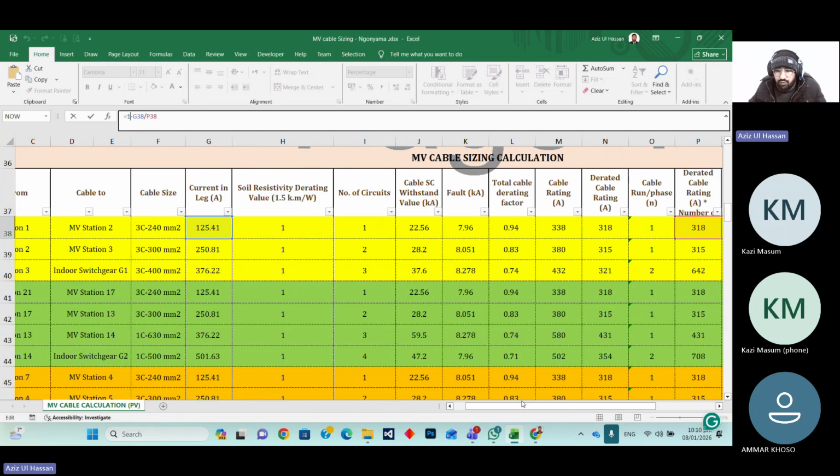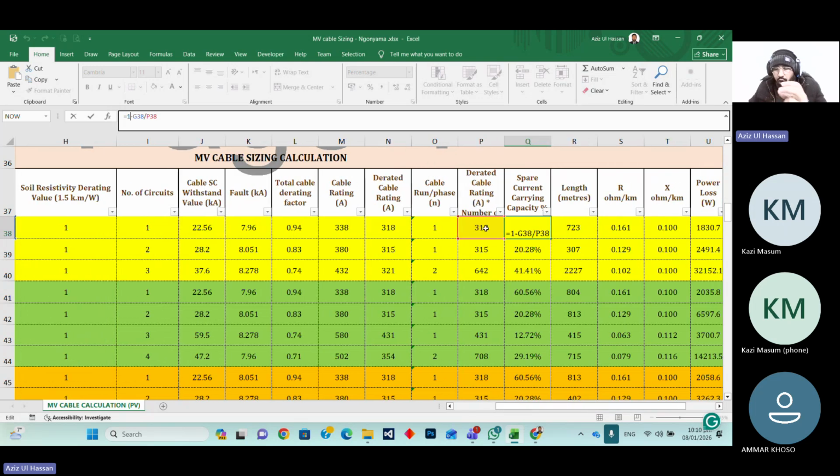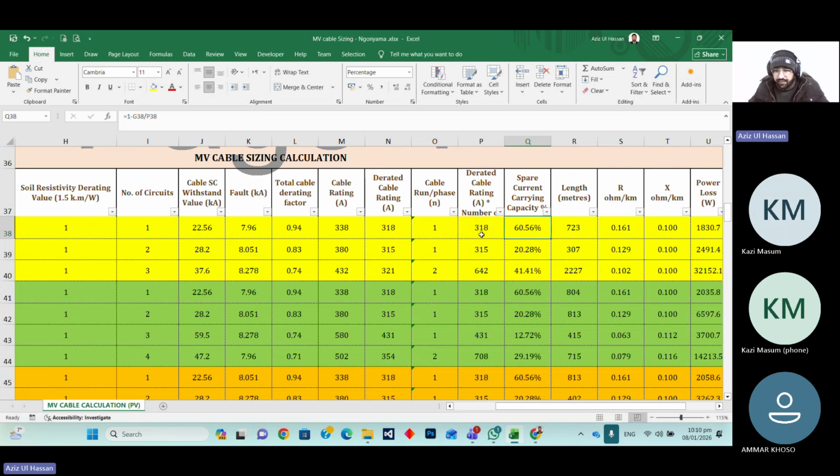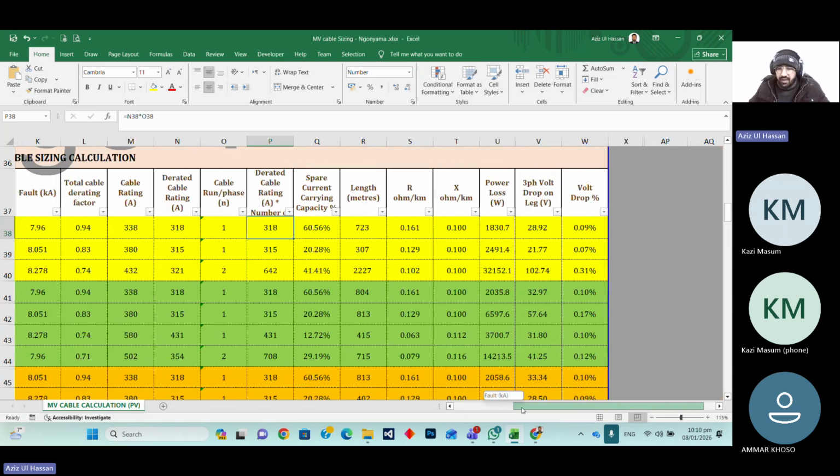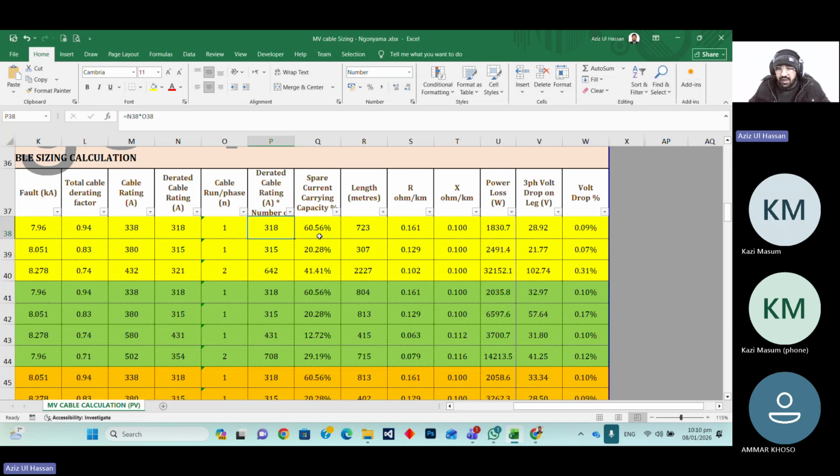We just get the percentage of how much spare capacity the cable has to bear that current. Like we have a derated ampacity of 318, so they can bear up to 318 ampere current, but only 125 ampere current is passing through that cable. That means 65.5% spare capacity is available.